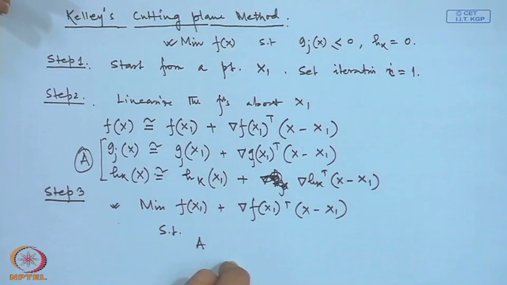Since the point x1 is outside the feasible space, the approximated linear programming problem will have a feasible space outside the feasible space of the original problem. As we know, the optimal solution of a linear programming problem is always on the boundary, at an extreme point. That is why whatever optimal solution we achieve here lies outside the feasible space of the original problem.